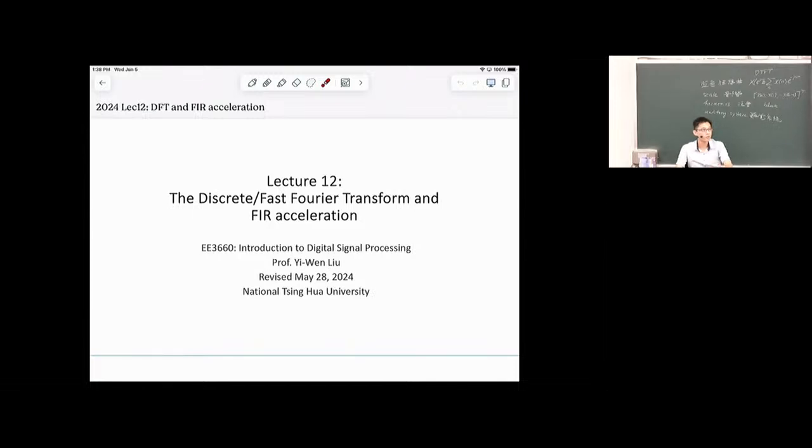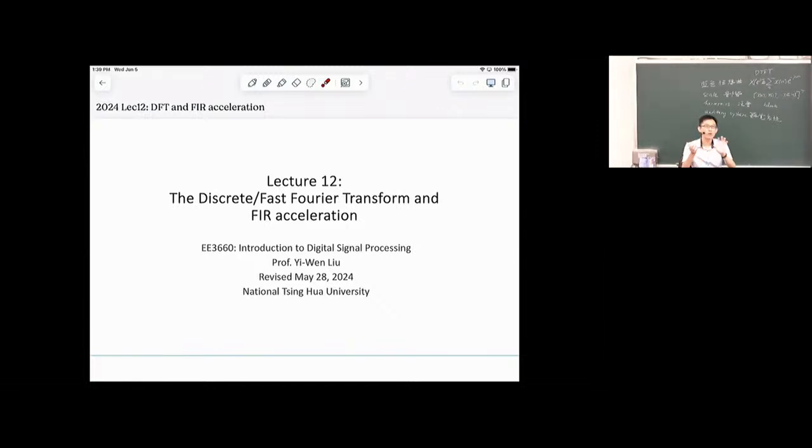We have designed low-pass filters, for example, high-pass filters, let's say by the window method, right? So that gives you an FIR filter. And it turns out that it's faster to process the signal in the frequency domain than directly in the time domain. Directly in the time domain, what you need to perform is convolution.